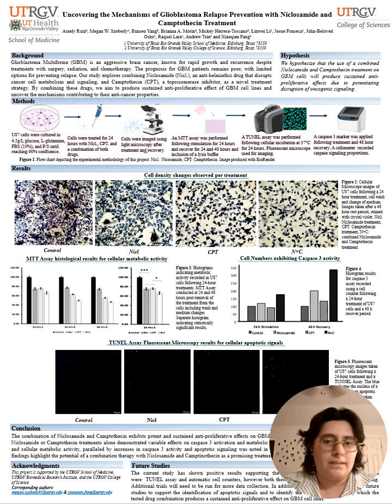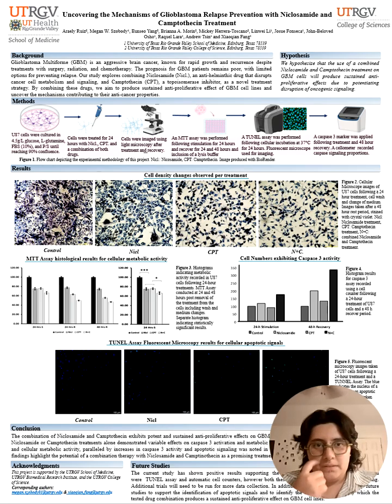We can obviously see that the control is a lot denser than the combined treatments, and the density does lessen as it goes down the line. So with niclosamide, we do see that it does lose some density compared to control, and that continues with CPT and with the combination.